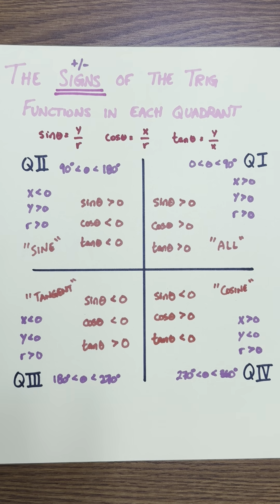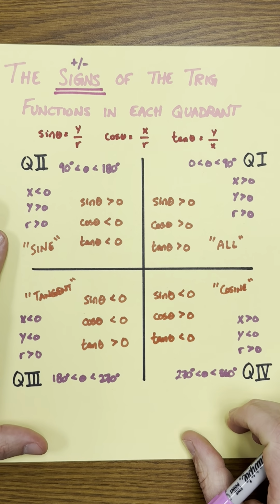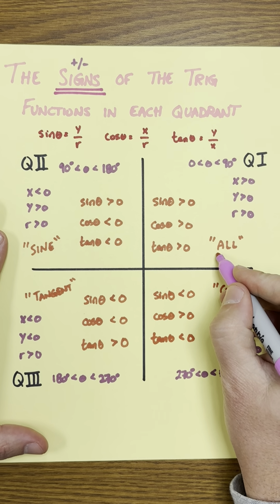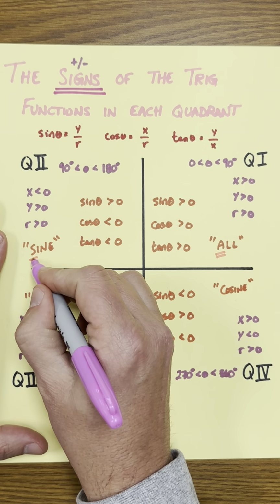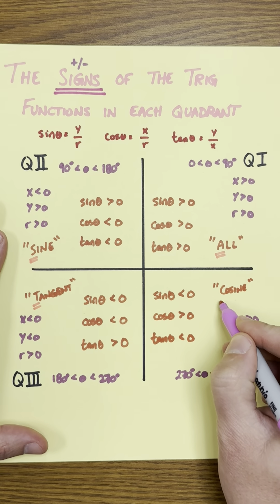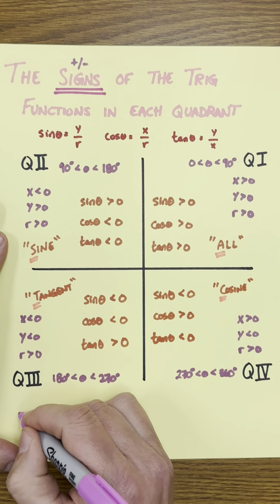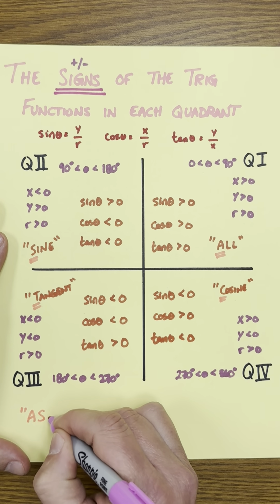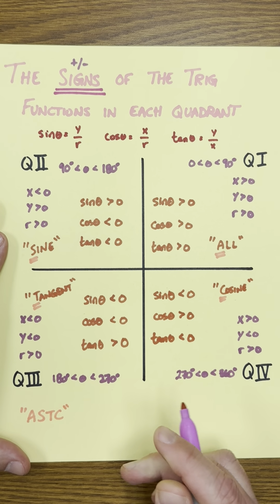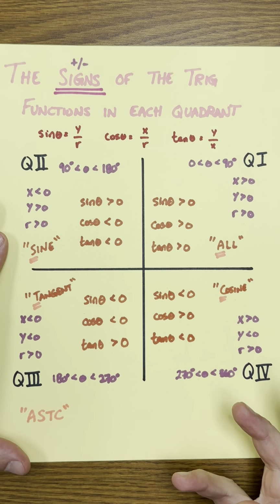Okay, so to summarize this, I have an acronym that I've always used. If I take the first letter of each of these, ASTC, right? You're welcome to make your own acronym.